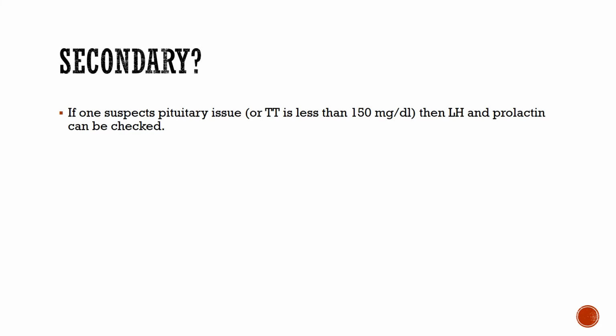Now, the other question that you have to ask yourself is, do I need to do any other testing if that total testosterone is low? Some folks believe that you really should do LH, maybe FSH, and prolactin. Meaning that if the testicles have stopped producing androgen, then normally the brain will have started increasing the stimulating hormones, FSH and LH and prolactin, telling it to produce more.